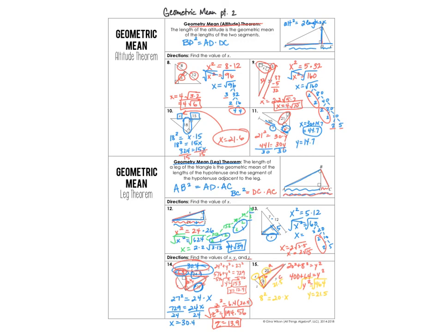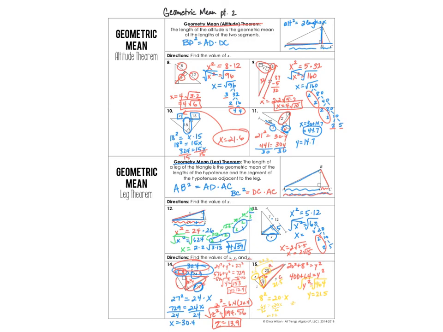Okay, that comes from our geometric mean altitude theorem. So altitude squared equals our 2 bases. Okay, so that's 64 equals 20x. Divide by 20. I believe that's going to be 3.2. So 64 divided by 20 is 3.2. So x is 3.2. Okay, so if x is 3.2, that means that whole thing is 23.2. And that will help us find z.